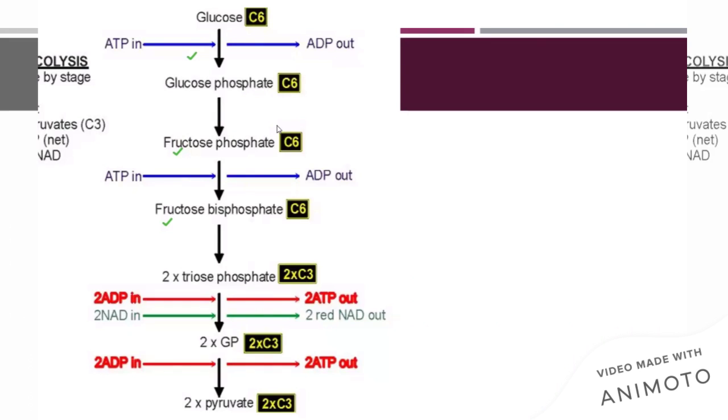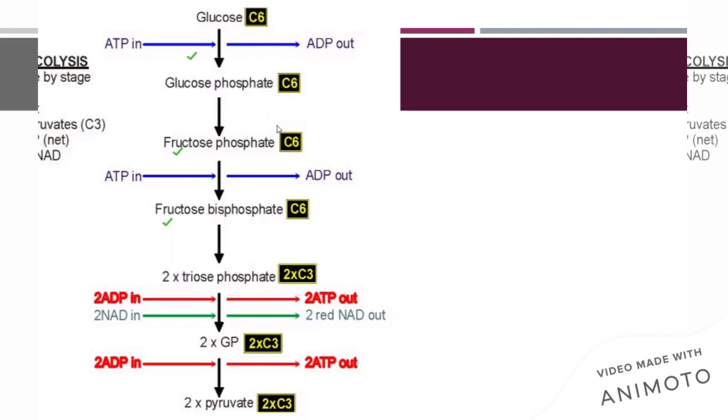So first thing, glucose is phosphorylated to form glucose phosphate. All right. Then it is rearranged to give us fructose phosphate. Then it undergoes another phosphorylation to give us fructose bisphosphate.